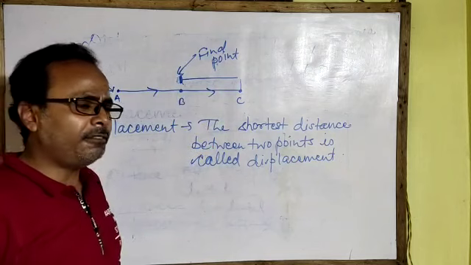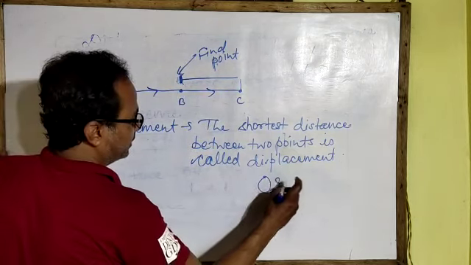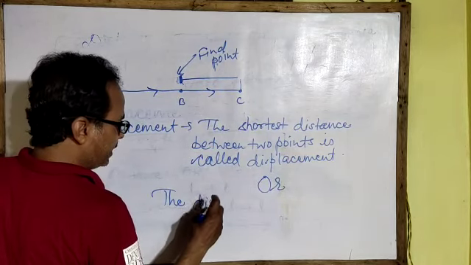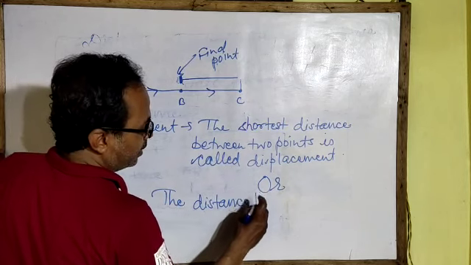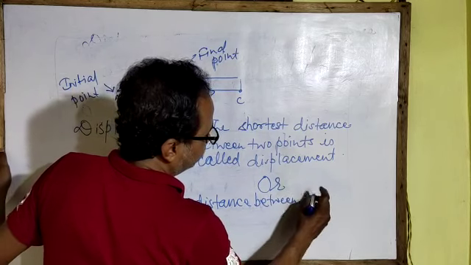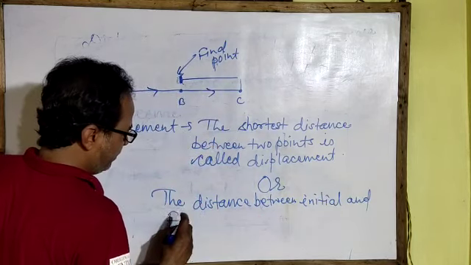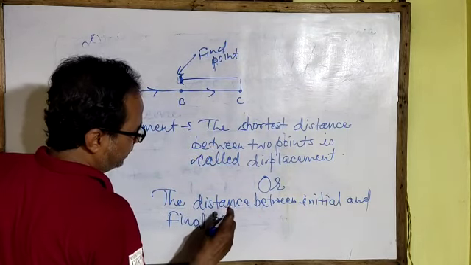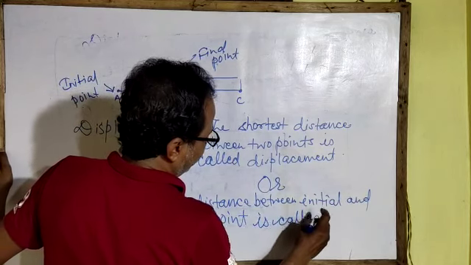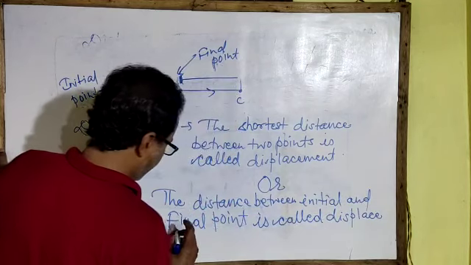The other definition of displacement may be: the distance between the initial and final point is called displacement.